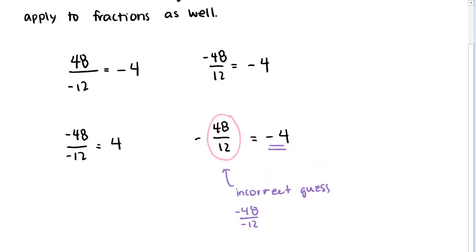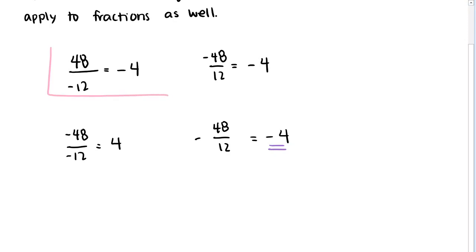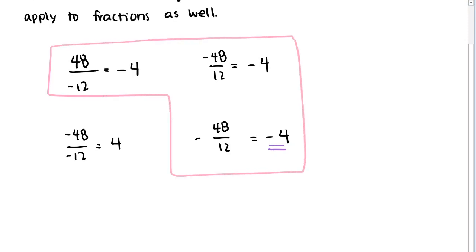And so another thing that I like to make clear here is that these 3 examples were the same. Right, these 3 different fractions, where the negative sign was positioned, resulted in the same answer at the end of the day. We ended up with a negative 4. And so actually, you can go back and forth between any of these 3 different fractions.